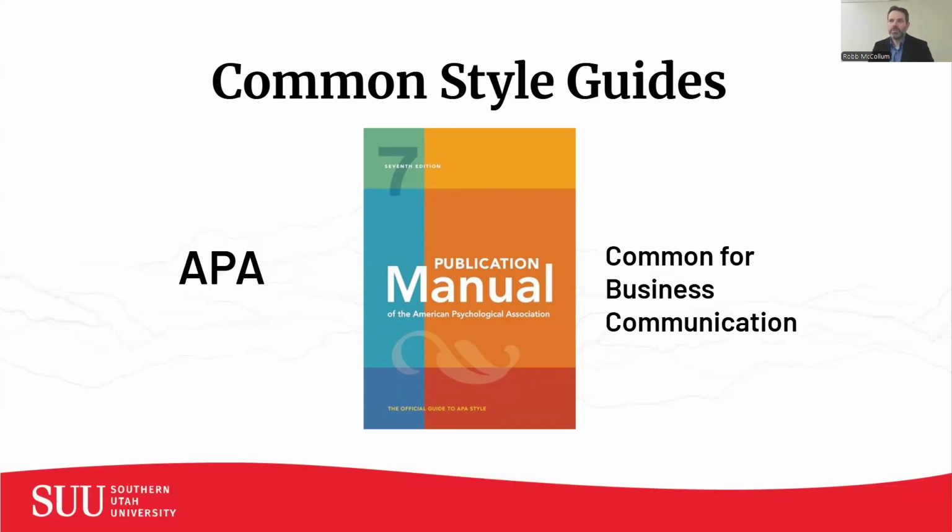But the one we're going to focus on is the APA style guide, because this is commonly used for business communication, both in academic settings. So if you're reading journal articles written by business researchers, they'll use APA, but even in the professional side, using a standard for businesses to use internally and externally, they're probably following, at least in general, APA style.